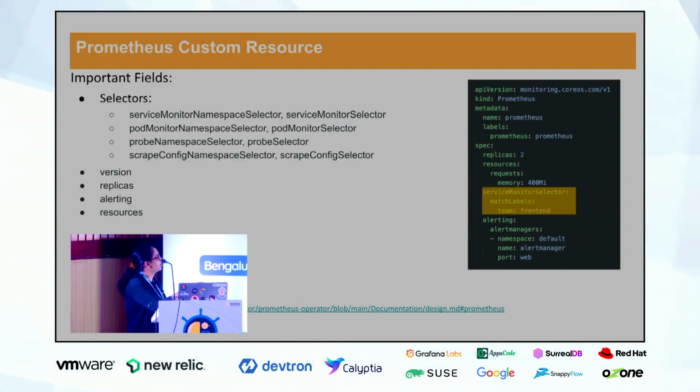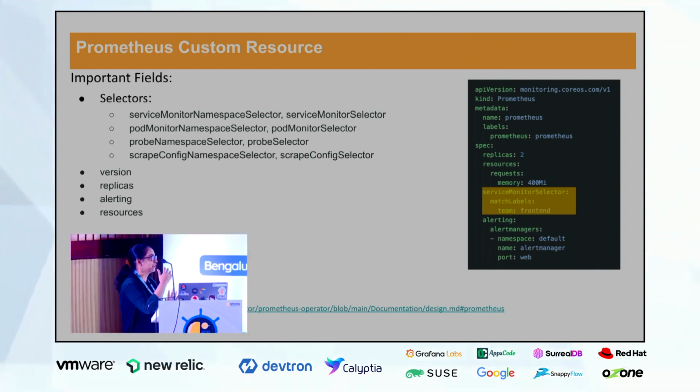I forgot to mention, the highlighted one is where you can say which objects you need to monitor. It can be in the same namespace, or in different namespaces as well. In this example I have shown only the ServiceMonitor selector, so it will check in the same namespace which ServiceMonitors have the label team: frontend.